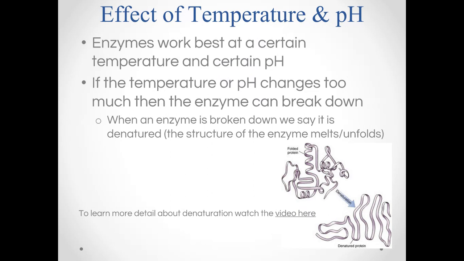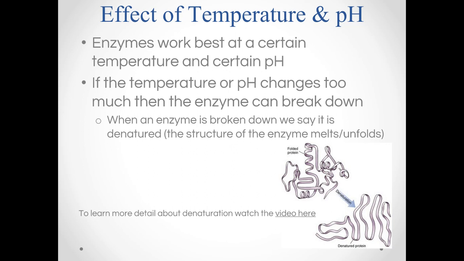Now, again, we talked about this earlier. Temperature and pH have a large impact on how an enzyme performs. They're designed to work at a specific temperature range and a specific pH range. So most of the enzymes in your body work best at 37 degrees Celsius, which is 98.6 degrees Fahrenheit, your normal body temperature. That's the temperature they work best in.